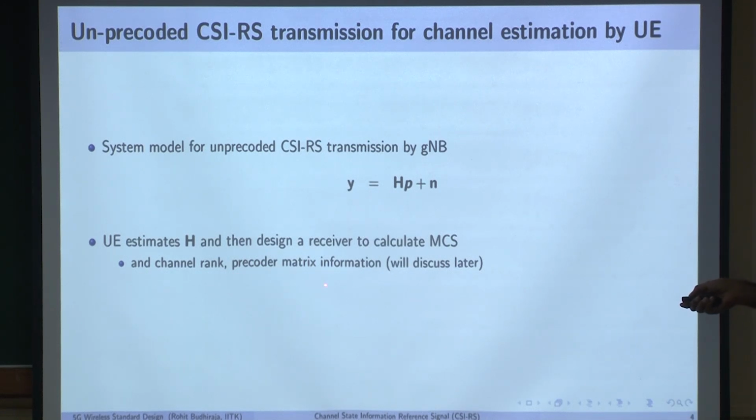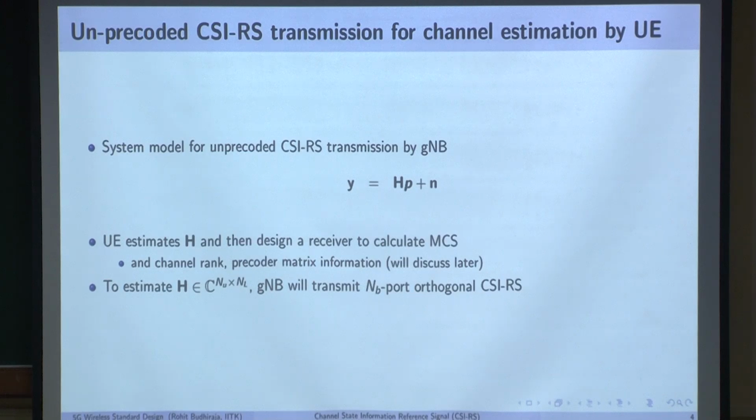But that's the need of transmitting an unprecoded CSI-RS so that H can be estimated. And that's why the number of ports is very large for CSI-RS. So the gNB will transmit, to estimate NU cross NL, not NB, it is NL, port orthogonal CSI-RS, right?